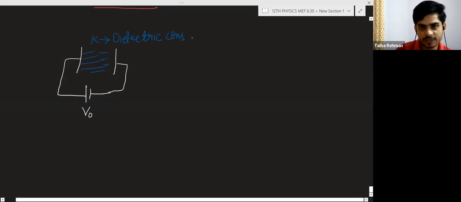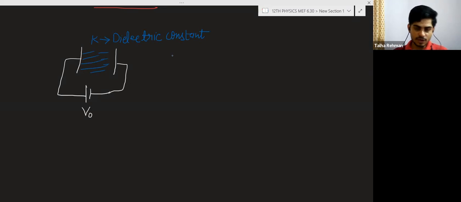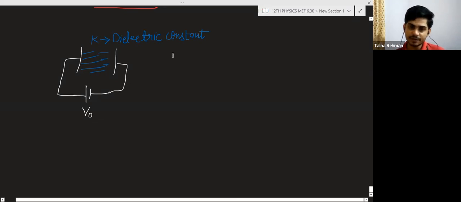The dielectric has dielectric constant K. Again in this case the battery remains connected.